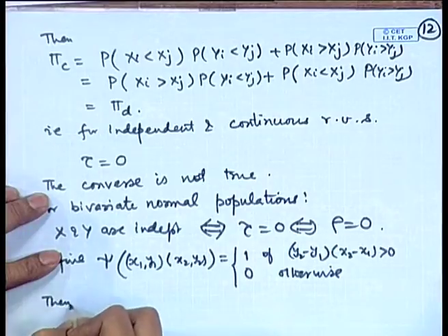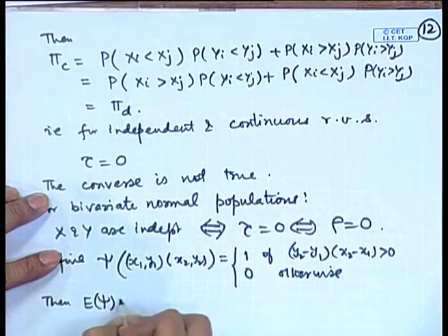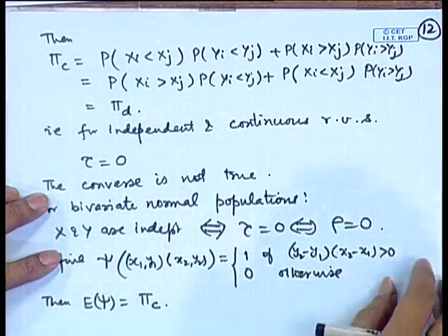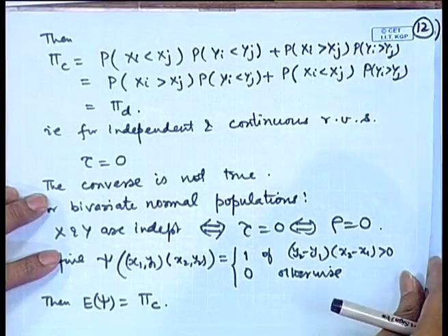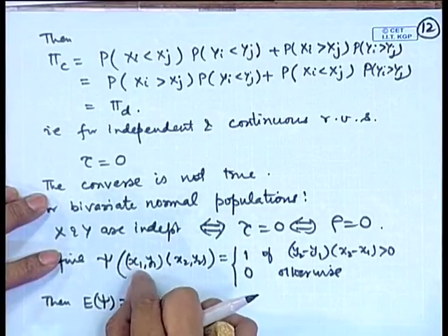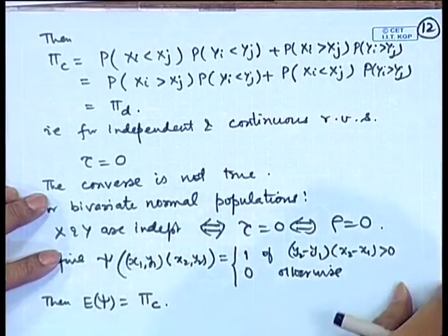Then naturally the expectation of psi is equal to pi_c. So, we can consider an average of all such pairs.